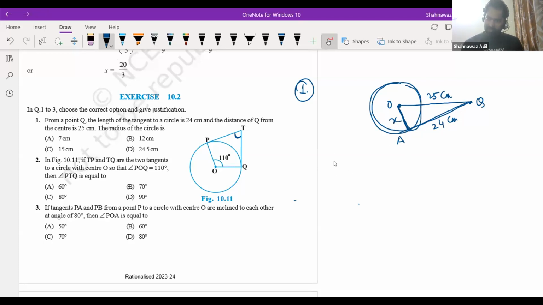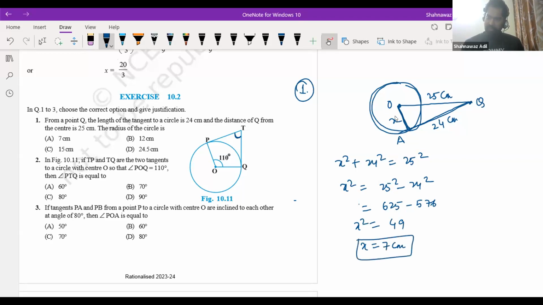Using the Pythagoras theorem, we write x squared as 25 squared minus 24 squared. That is 625 minus 576, which is 49. So x would be 7 centimeters.